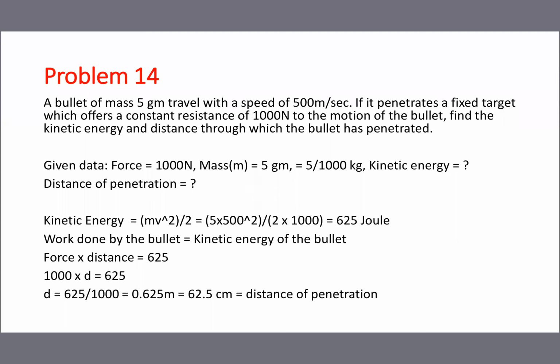Which offers, means gives, a constant resistance of 1000 Newton, the force of restriction, or simply say the force 1000 Newton. Find the kinetic energy of the bullet and the distance through which it has penetrated. Simply start the problem. First, go through the data. Given data, force value 1000 Newton.